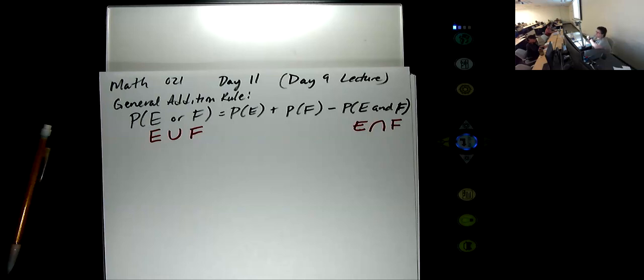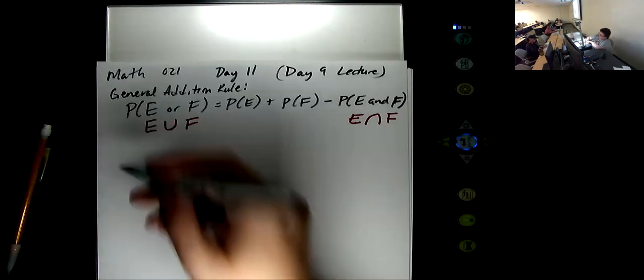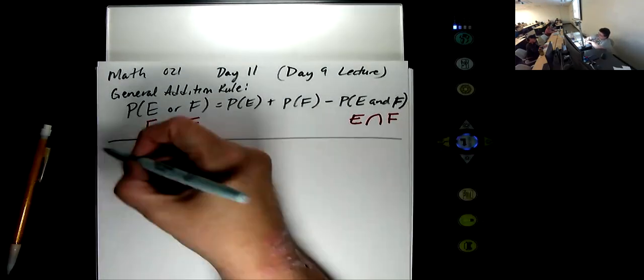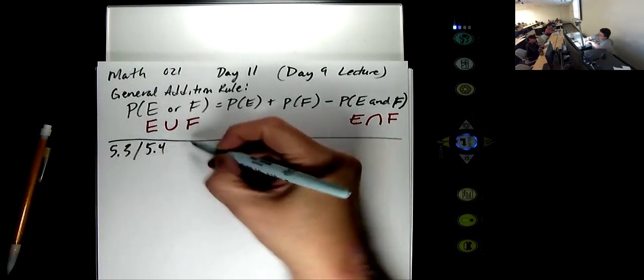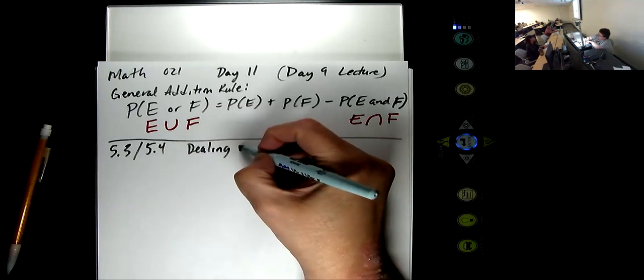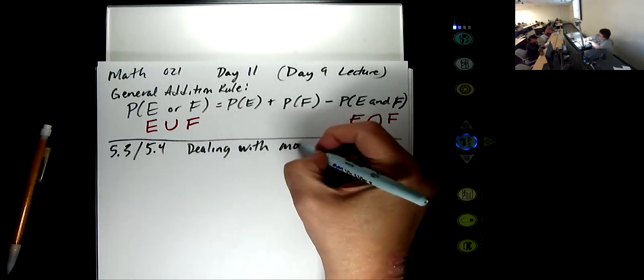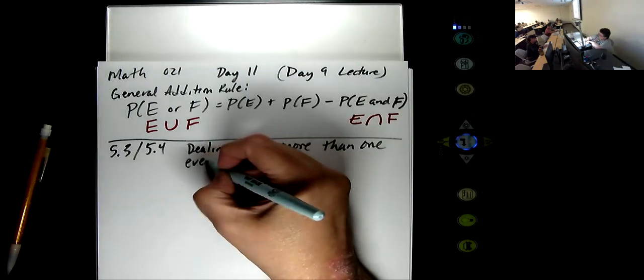That was last week. Today we're doing 5.3 and 5.4. 5.3 and 5.4 are dealing with more than one event at the same time.